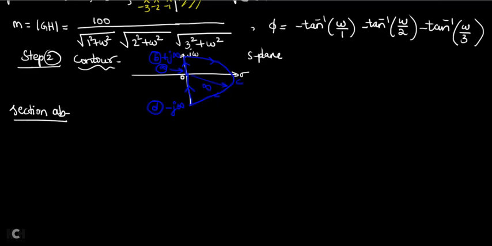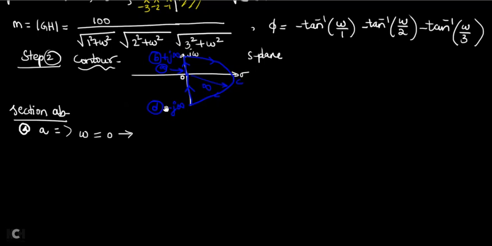Now in this section A to B, at point A, what is the omega value? Omega value is 0. Point A is at origin. So when omega value is equal to 0, what happens to the magnitude? Substitute omega 0 into the magnitude: 100 by square root of 1 plus 0, square root of 4 plus 0, into square root of 9 plus 0.